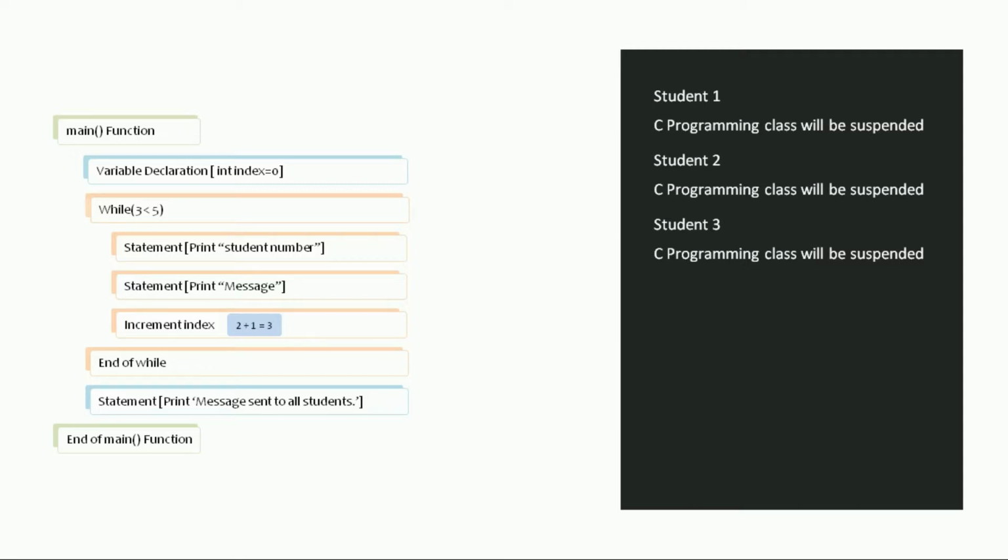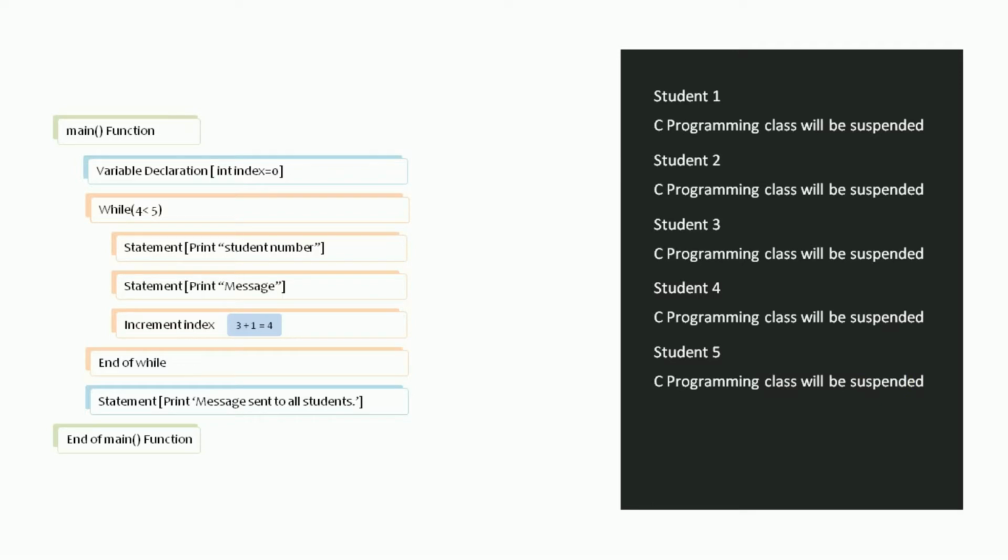Check the condition: while 3 less than 5, the condition is true. Control gets inside and prints the statements. Increment the index by 1, so the new index is now 4. While 4 less than 5, the condition is true. Control gets inside and prints the statements. Increment the index by 1, that is, 4 plus 1 is equal to 5.